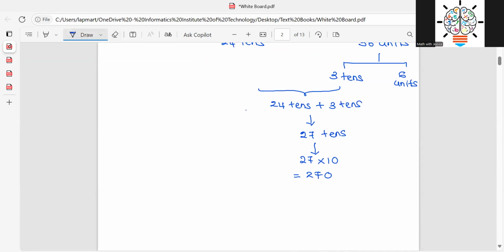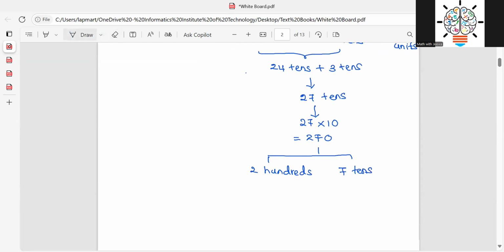So this 270, you just see that I write what? 2 hundreds. So then the 7 tens. So then what is the whole thing that we are going to get there? 69 into 4 will be equal to 200, 7 tens and 6 units, right?